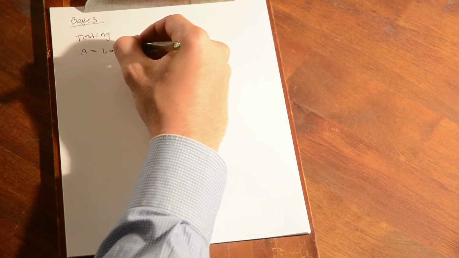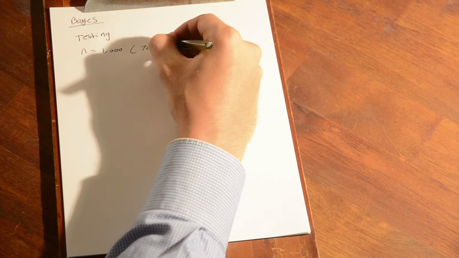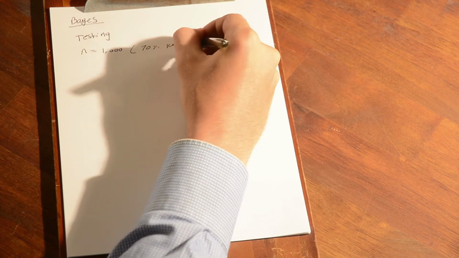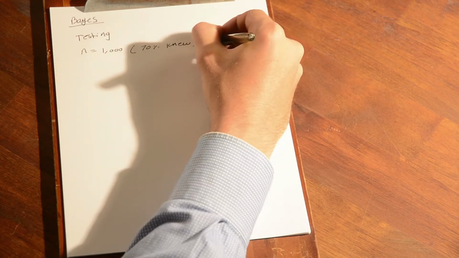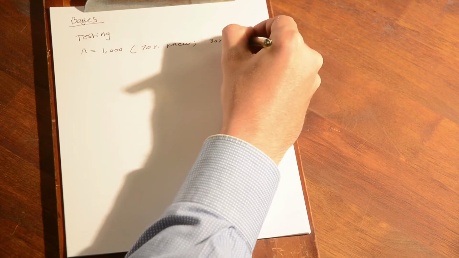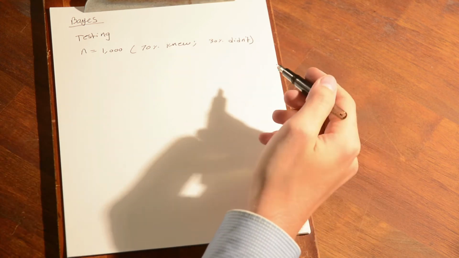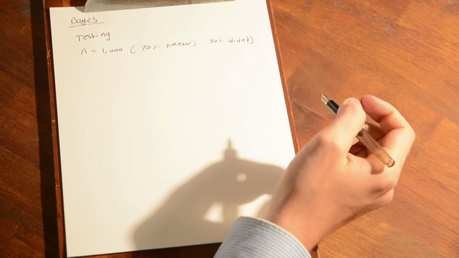And of that 1,000, 70% knew the material and 30% didn't. That gives us 700 who knew, 300 who didn't know.